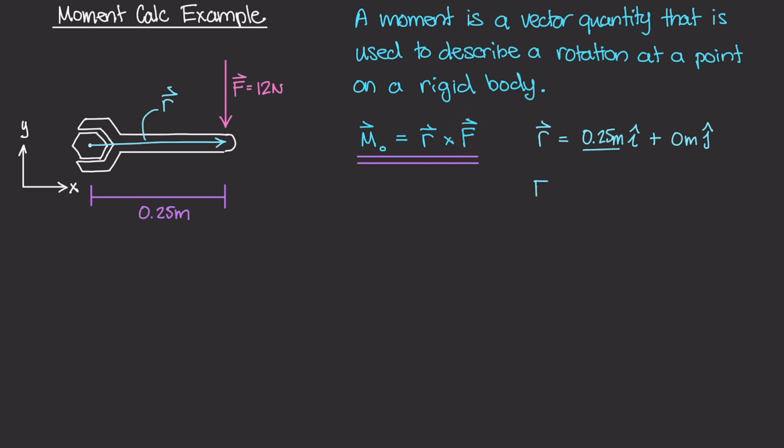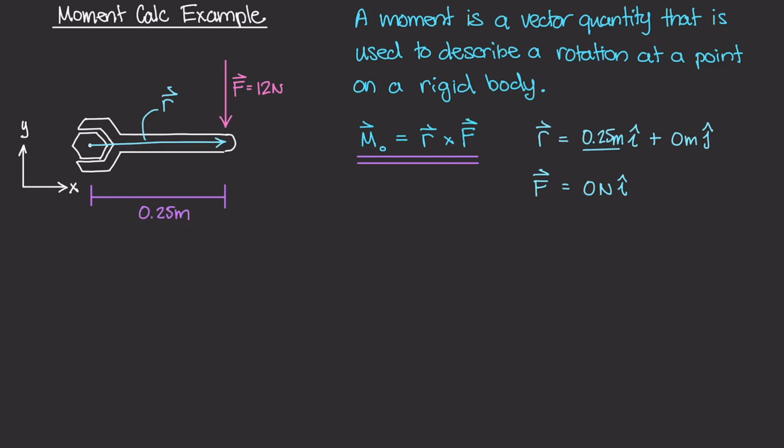So F can be expressed, again, just like the position vector, in terms of its x and y components. If we look at this vector right here, you can see that F is acting straight down, and it doesn't have any orientation in the x direction, this way or this way. So that tells me that the x component is just 0 newtons in the i direction.